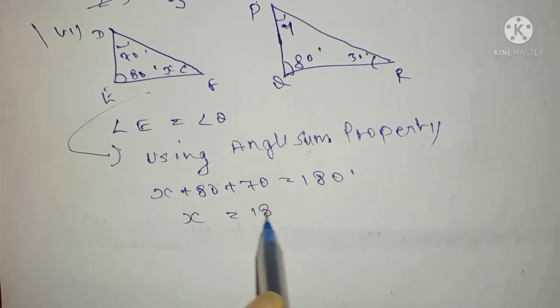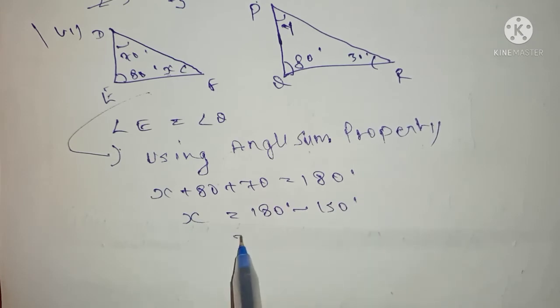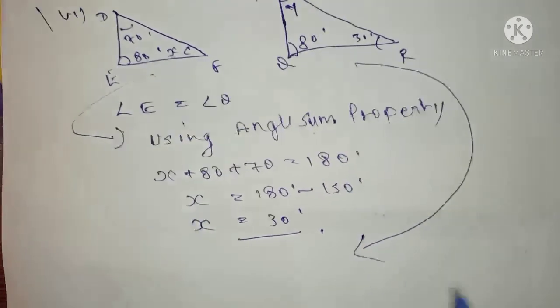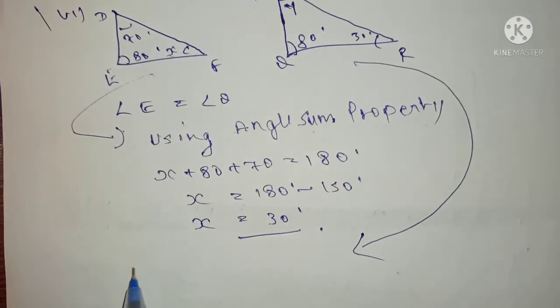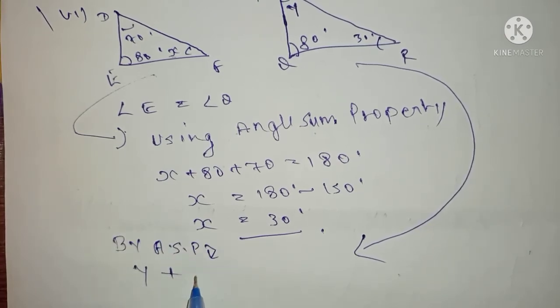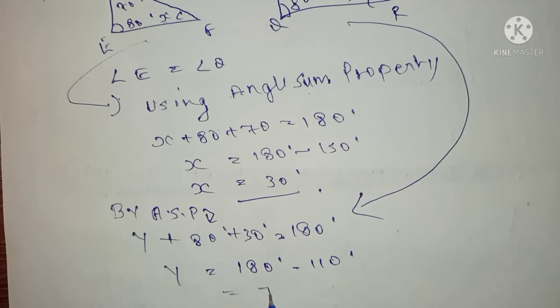X will be equal to 180 degree minus 150, so it will be 30 degree. And when I am going to find this, by angle sum property, Y plus 80 plus 30 will be equal to 180, and Y is equal to 180 minus 110, it will be equal to 70 degree.